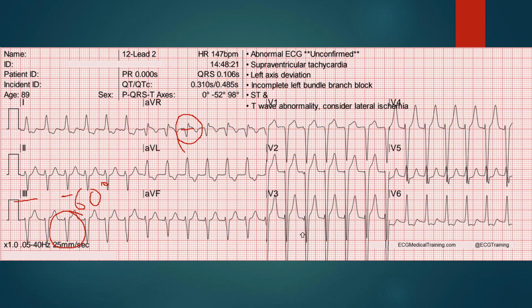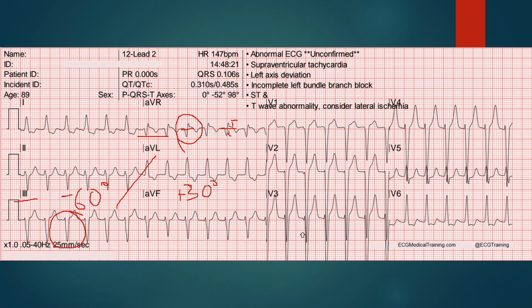But here we can say that the deflection is more negative than positive. Then we can even travel 10 to 15 degrees towards the negative pole of aVR, and the negative pole of aVR is at plus 30. Then towards lead 1, plus 30 from minus 60.